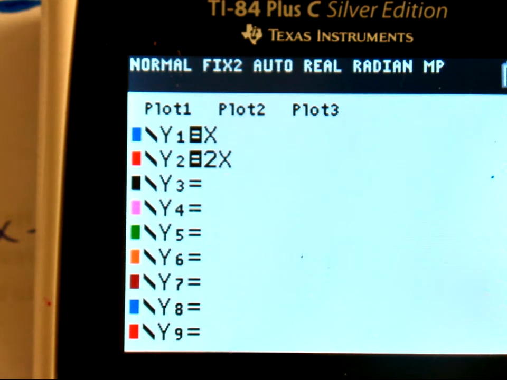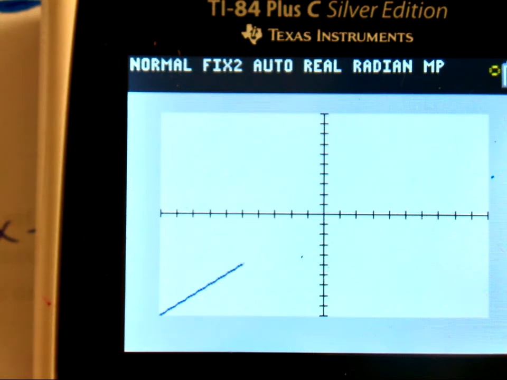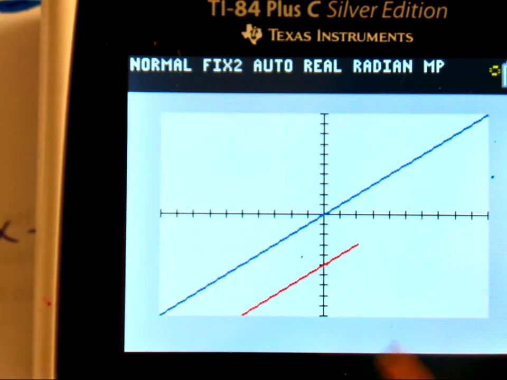Something I probably should have said before, when I had you type in y equals x minus 5, y equals x plus 2, what you noticed about all of these lines is that they were all what to each other? Parallel, right? They were never going to touch, ever, because I didn't mess with this part of it.